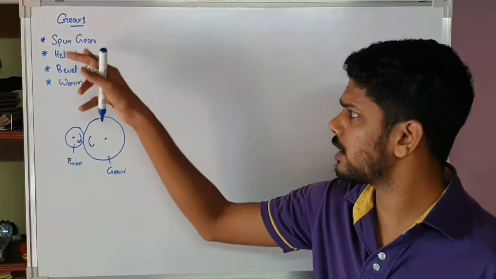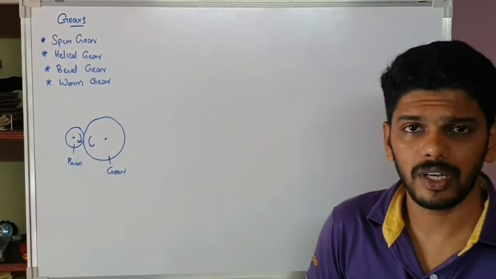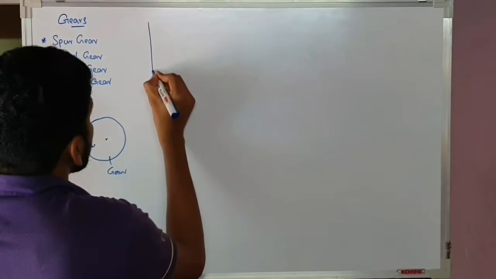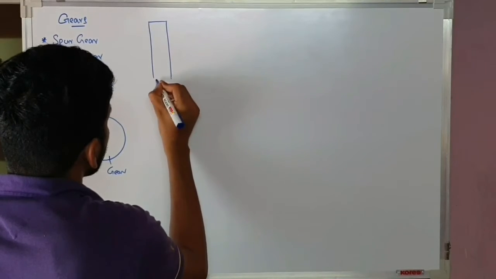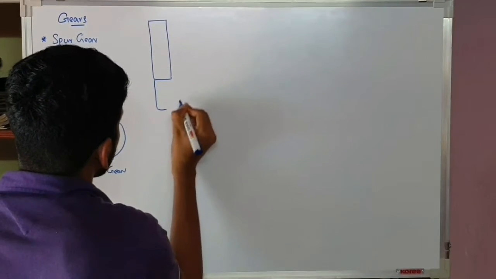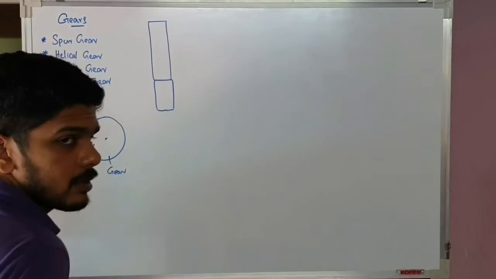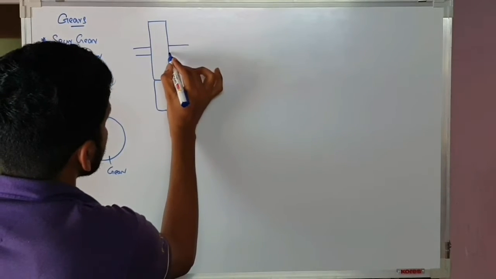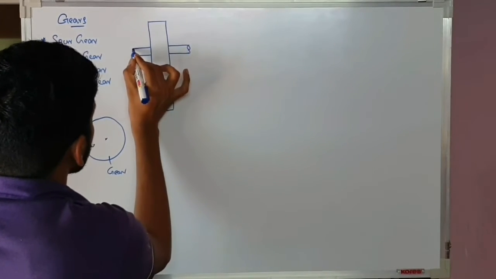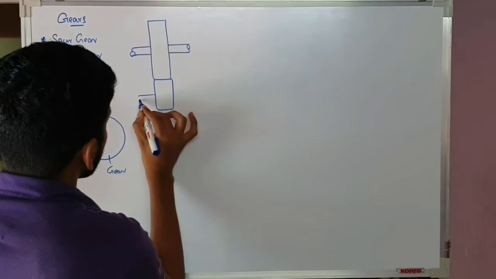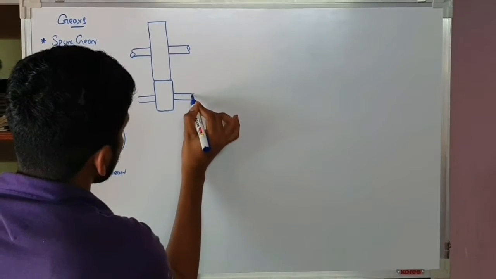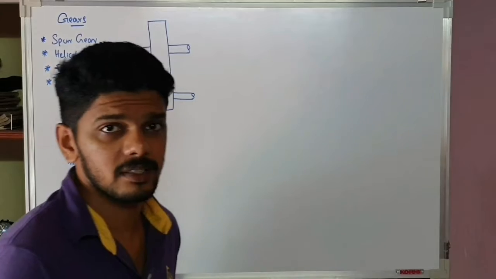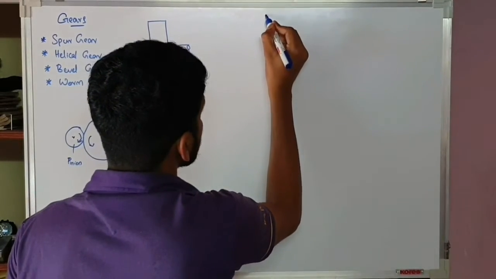Spur and helical gears will look like this. Let's draw the side view where things will be changing. Suppose this is a spur gear, and this will be the shaft axis where the gears are fixed.